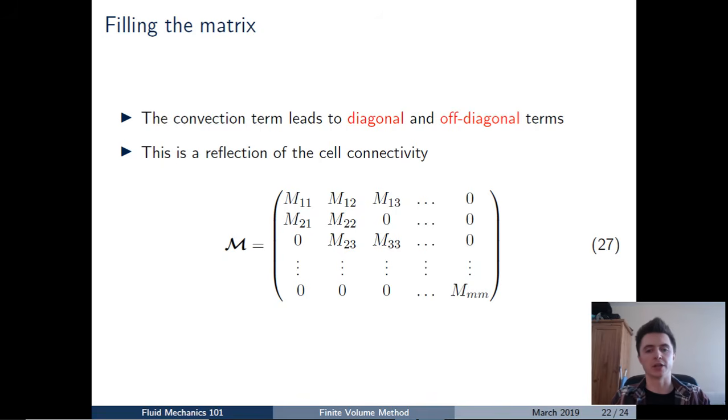So when we look at that contribution to the M matrix, the number of faces that our cell has is going to give the number of entries across the row and across the diagonal, because the number of terms is a reflection of the connectivity of the cell. So a cell with 6 neighbors, say a hexahedral cell, will have one value on the diagonal and then 6 off-diagonal terms that represent the contribution of each of the neighboring cells to that cell centroid.